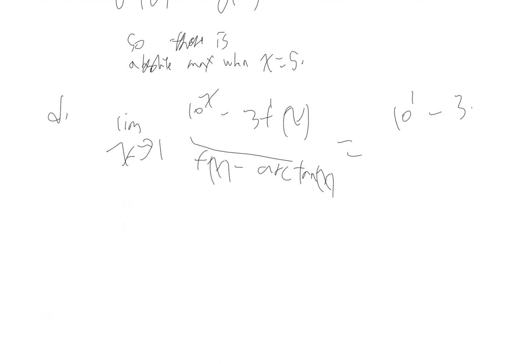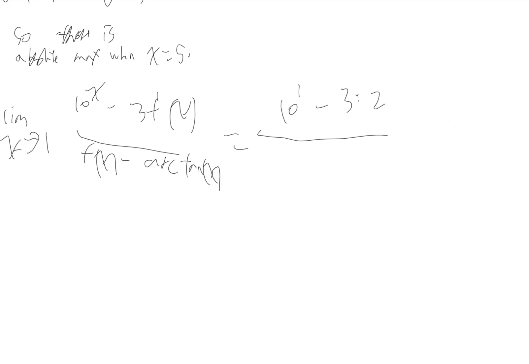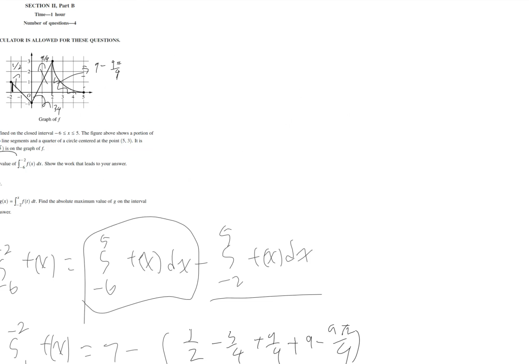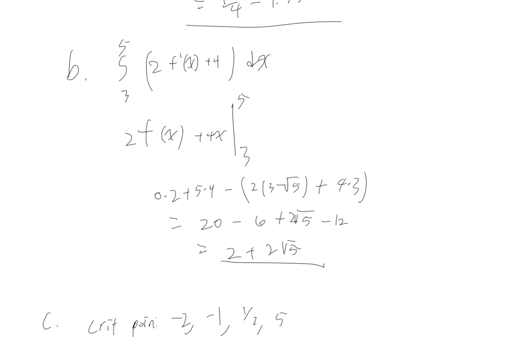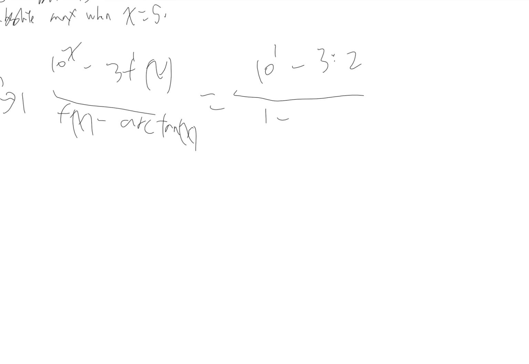So 3 times 1 over 2 over, no, I meant to say slope is 2, not 1/2, my bad, over f of 1. F of 1 is 1. And arctangent of 1, so a value that you have to plug in for tangent to become 1, sine over cosine. So sine x is equal to cosine x at 45 degrees, so it's pi over 4.